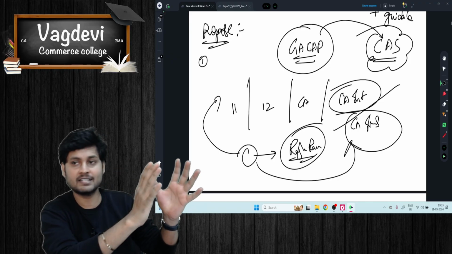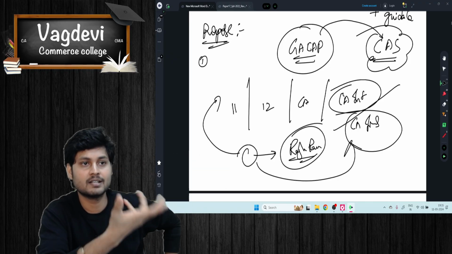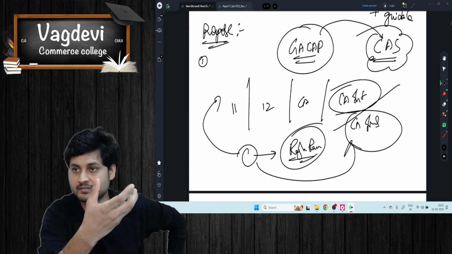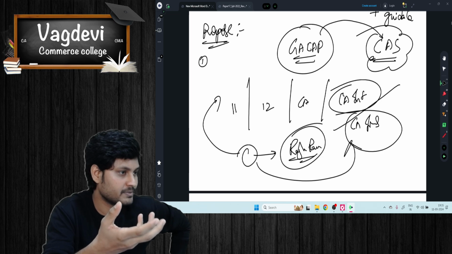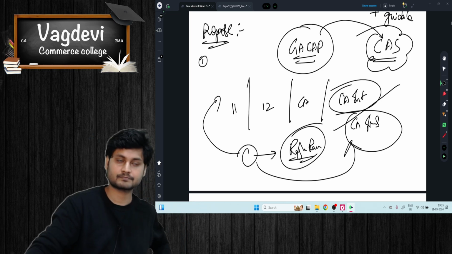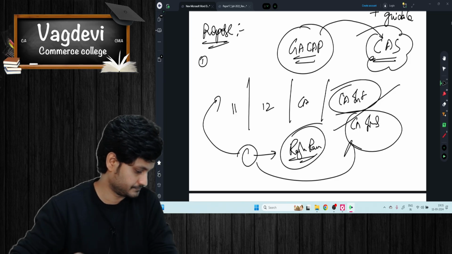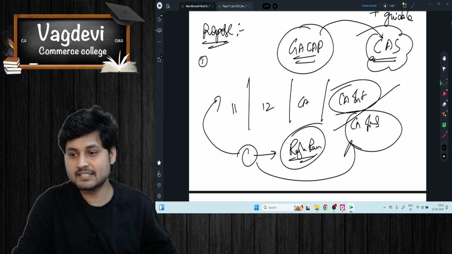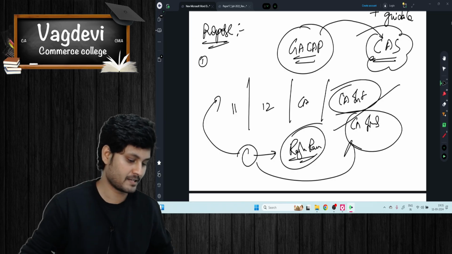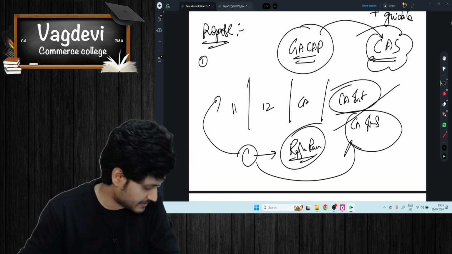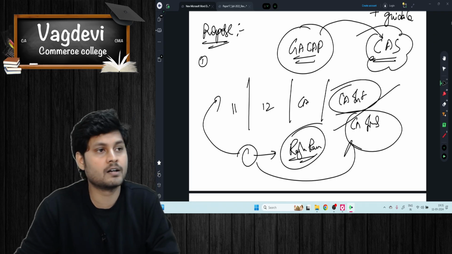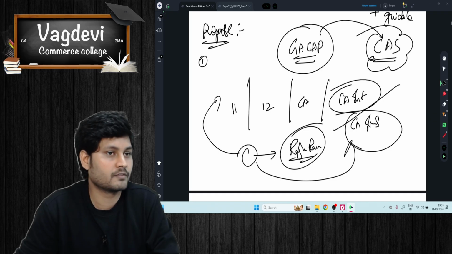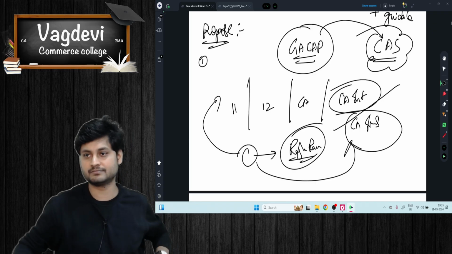Once we find some weakness, we will go and advise whom? Management, so that they can take necessary rectifying action. Very simple. And the last one, periodical reconciliation between financial accounts and cost accounts.